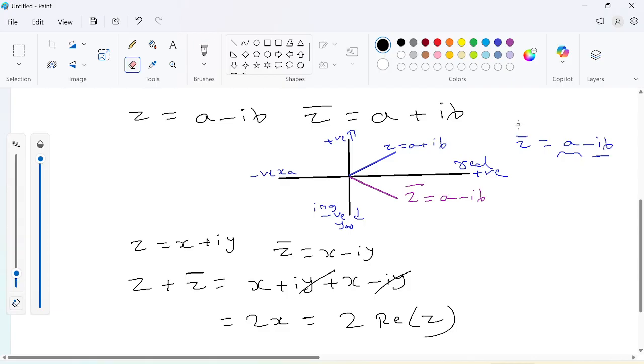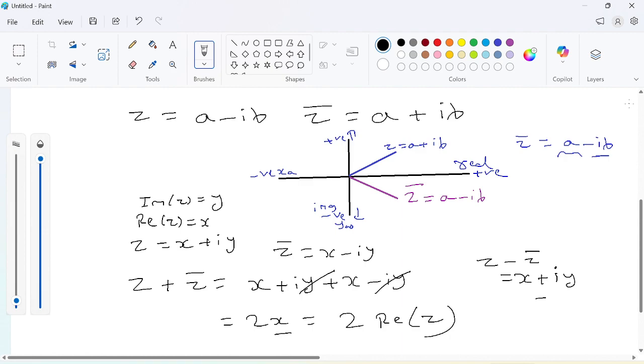x is the real part, right? We have seen x is the real part. So the real part of z is x, and the imaginary part of z is y. Now the same way, z minus z bar is x plus iy minus of x minus iy, which is x plus iy minus x plus iy. x cancels, giving 2iy.